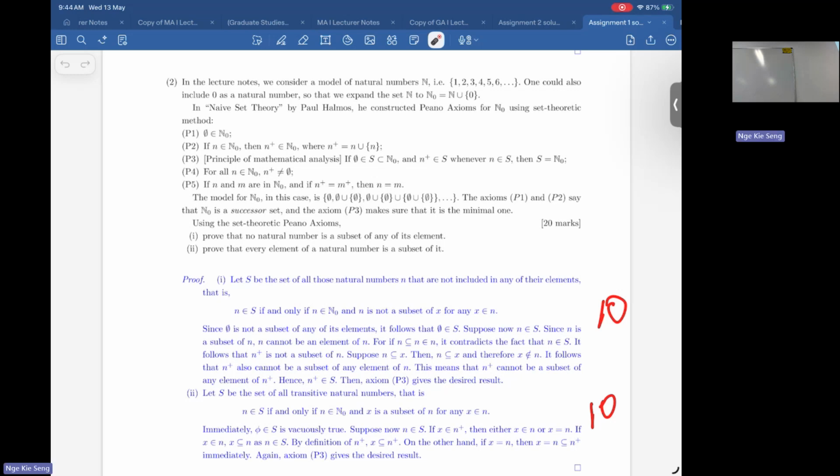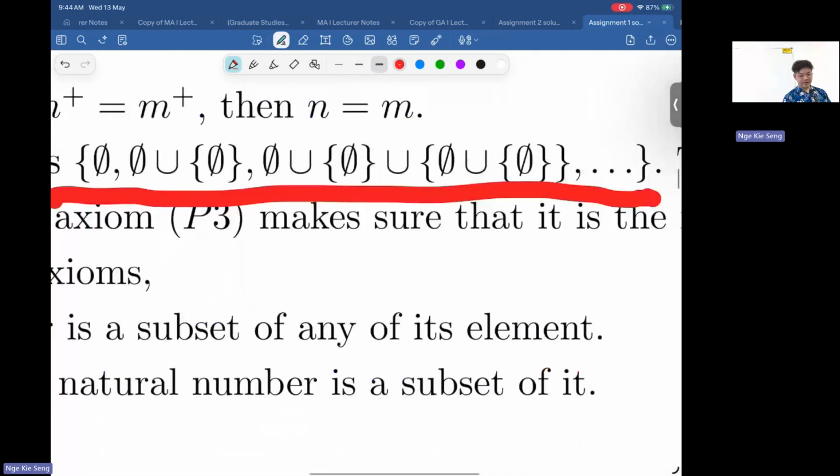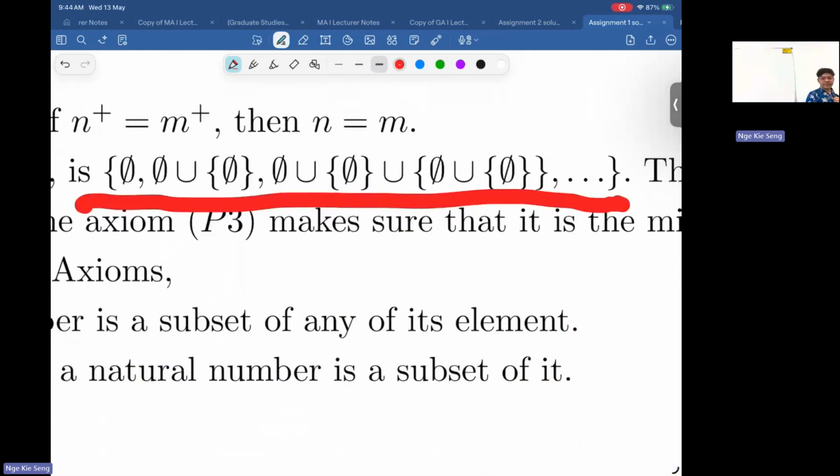Okay, but then I think you can. So this question is kind of tricky. This question is going to build a natural number that looks like this. What you see from this system is that 2 will contain 1. So 1 will contain 0, 2 will contain 1, right? This is another way to think about numbers. You think of a number as greater because it contains the previous one.